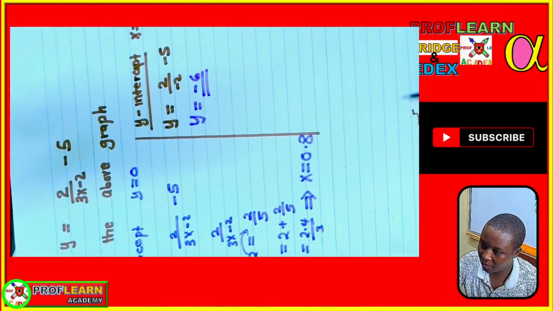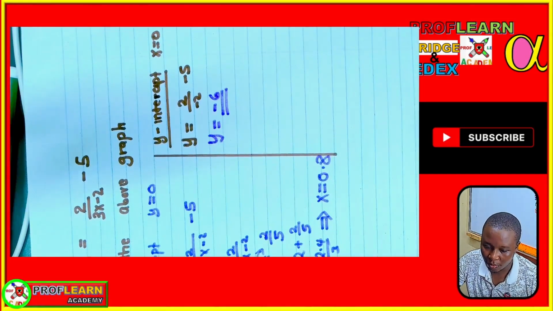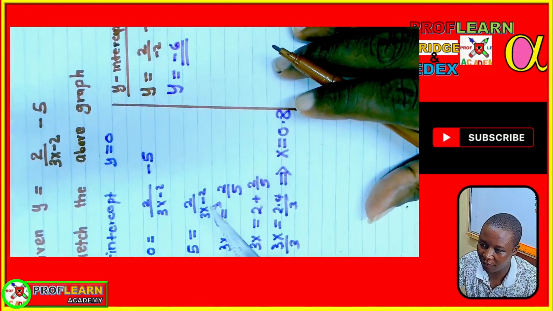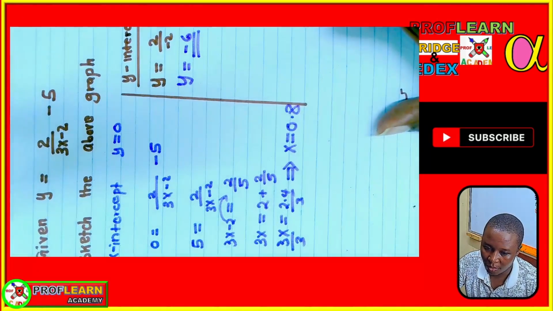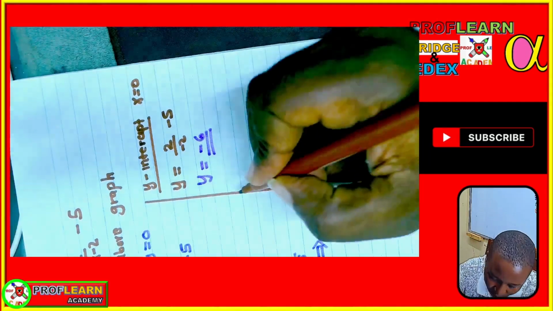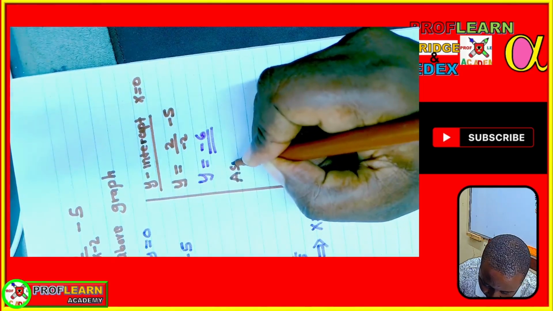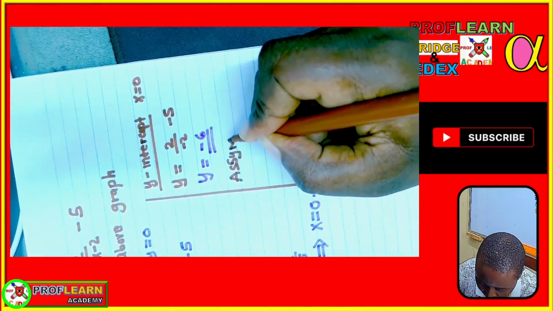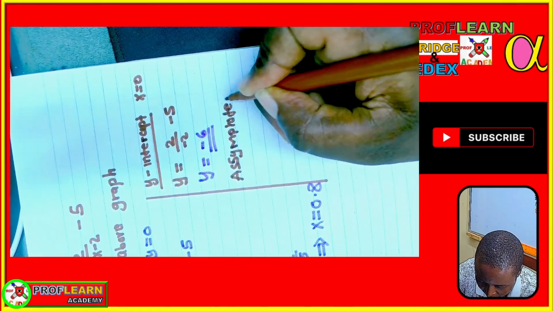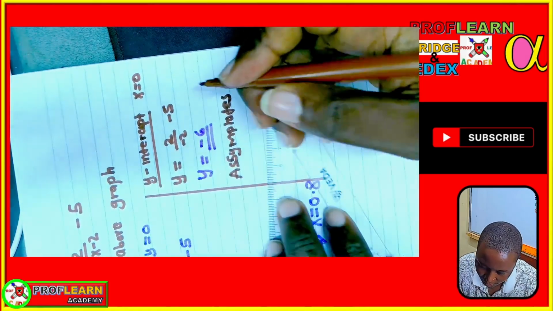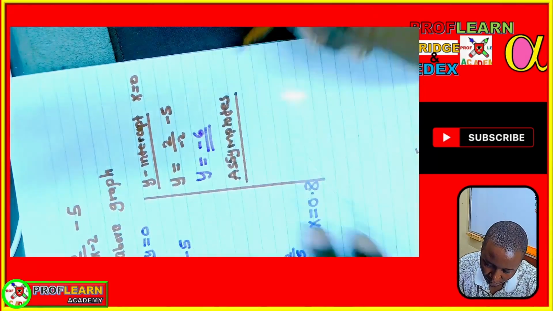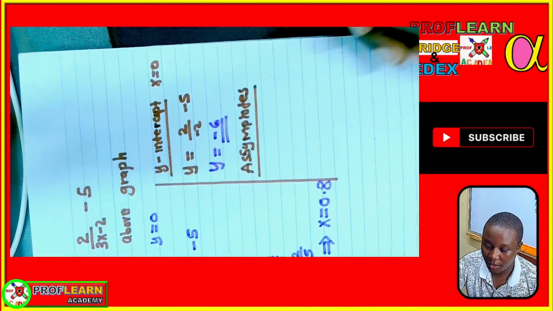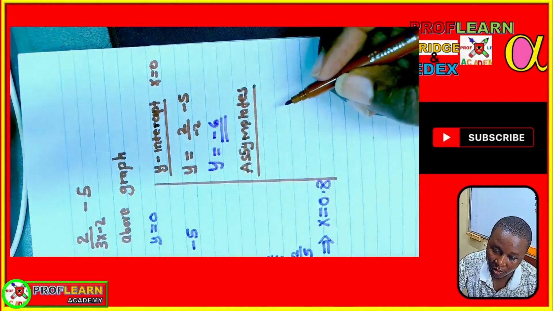Next, the features that you need to know before you sketch this graph are the asymptotes. In this case, because this is a reciprocal graph, we need the vertical asymptote and horizontal asymptote.